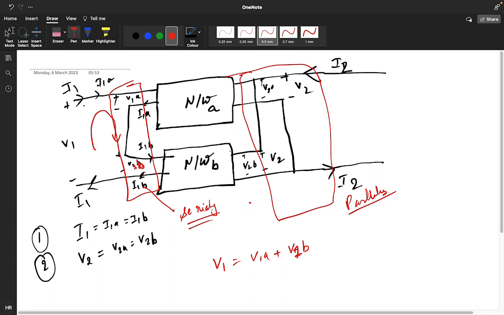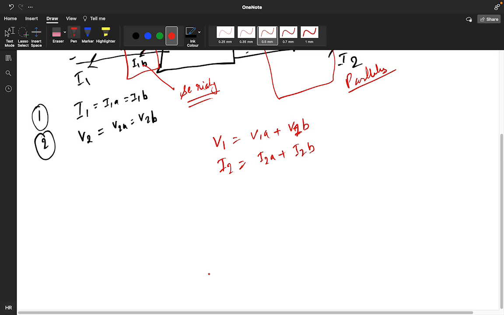So if it is an I2 current, then you will get I2 is equal to, if you are assuming this as I2A, and if this is your I2B, so it will be I2A plus I2B.